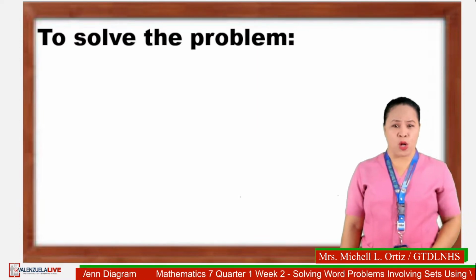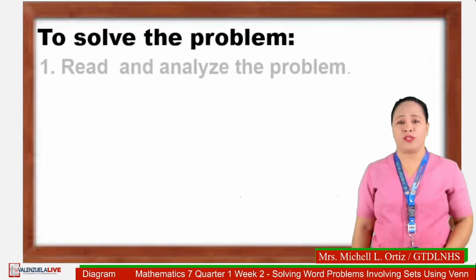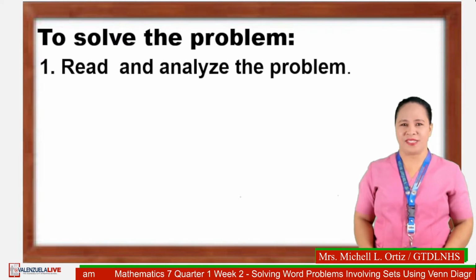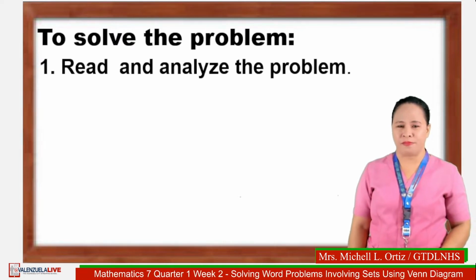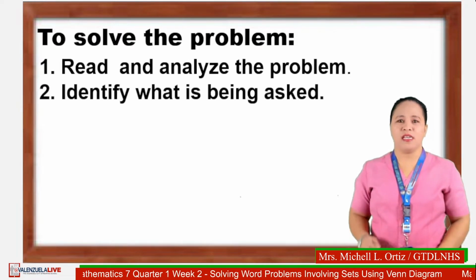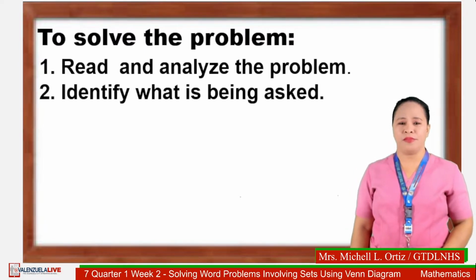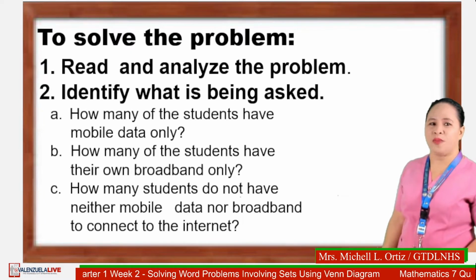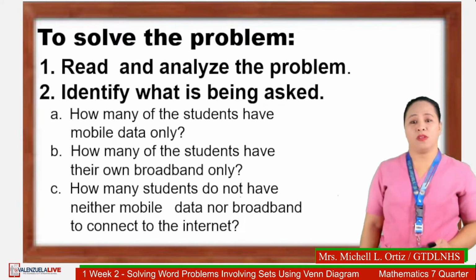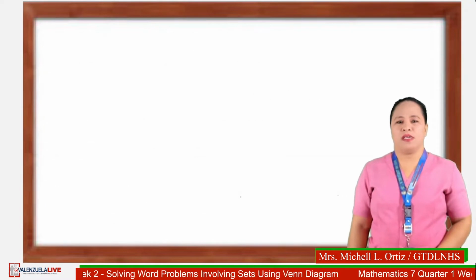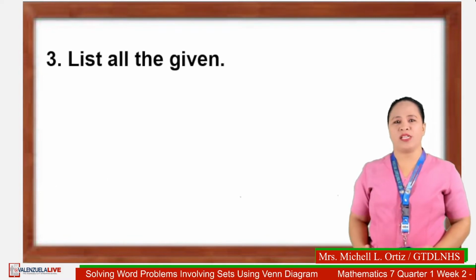In order to solve the problem, we're going to follow the following steps. First, read and analyze the problem. Second, identify what is being asked. In our given problem, we have the following questions to be answered. Third step, list all the given.